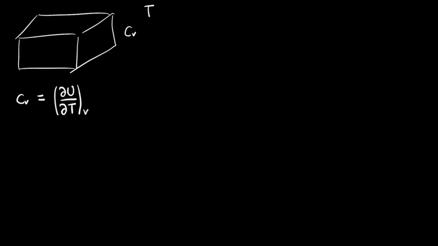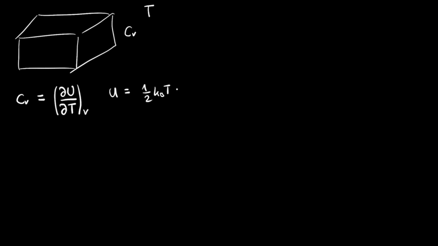So what's the internal energy? Well, from the equipartition theorem, the internal energy is equal to 1/2 kBT multiplied by the number of degrees of freedom. And how many degrees of freedom were there?